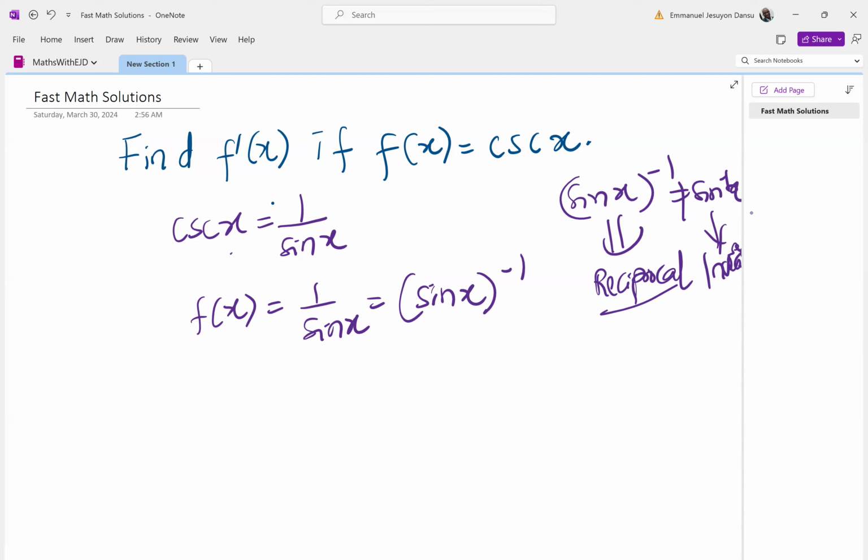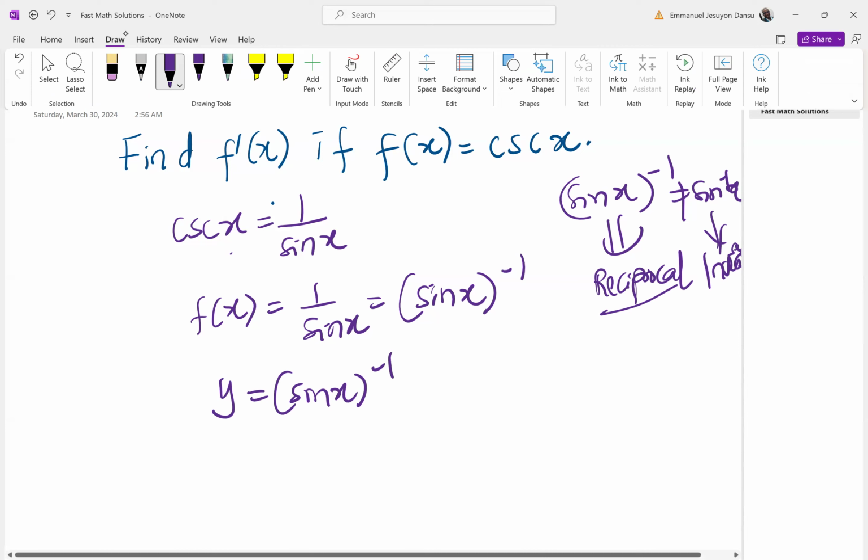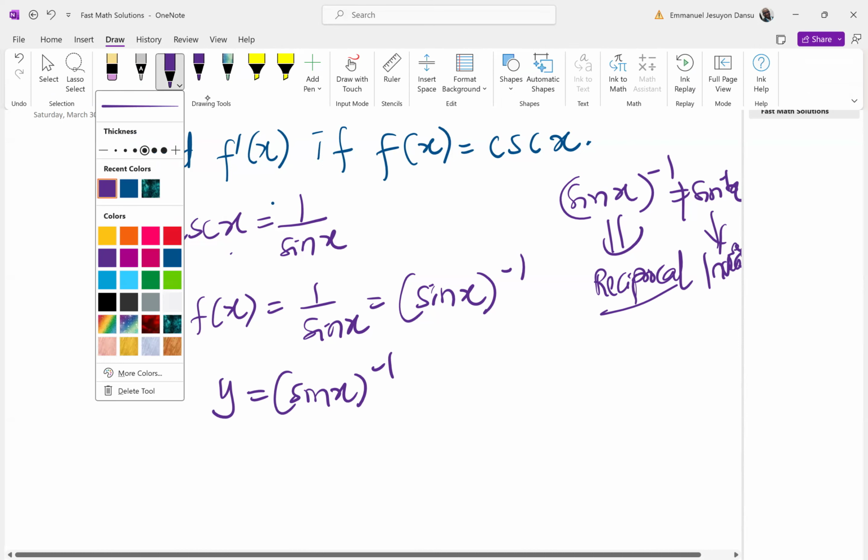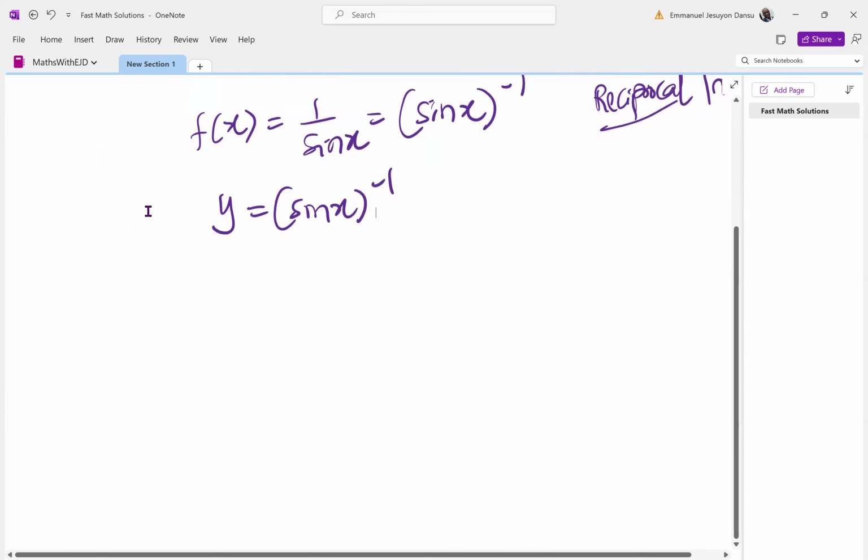So for easier handling, you may want to say y is equal to sine x raised to power minus 1. And this is looking like what you can use function of a function for, or what you can call chain rule. So if you want to go chain rule with this, you can make substitutions.